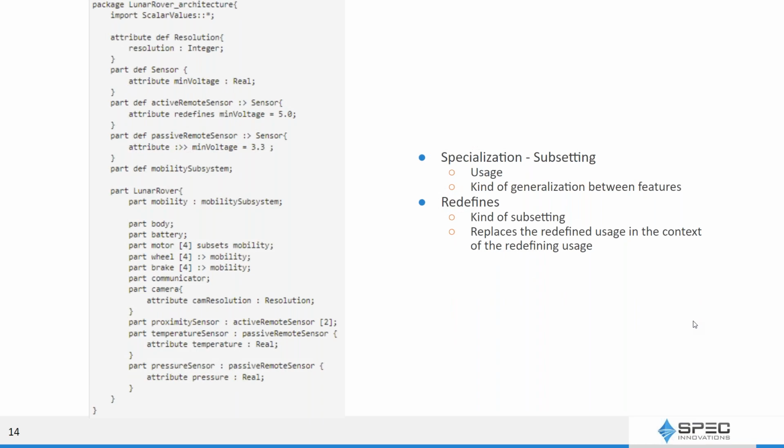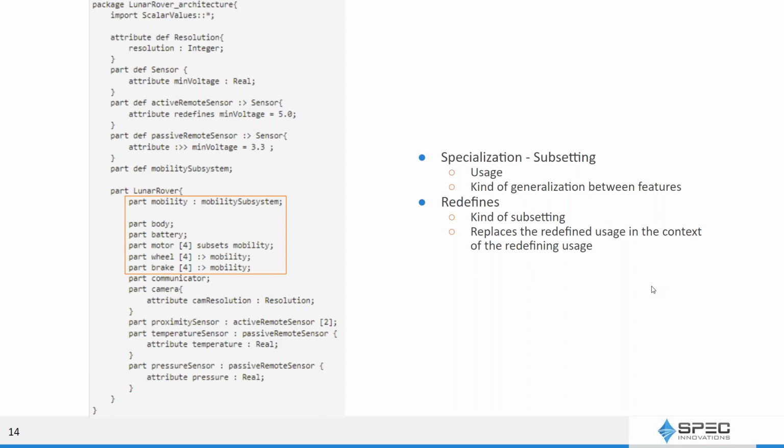So next is the subsetting of specialization, which applies to usages. So subsetting specializes a usage element and is a kind of generalization between features. So for this example, we have part mobility, which is defined by mobility subsystem.